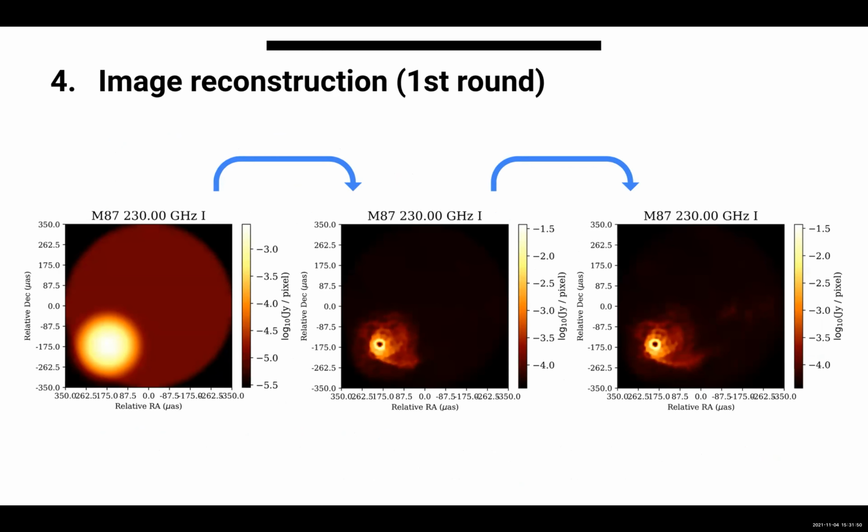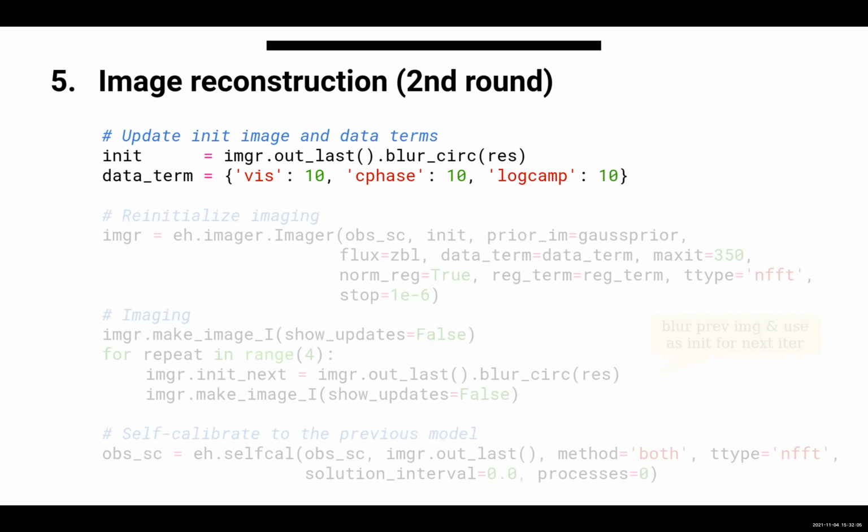After some more iterations, we start to lose some of these diffuse features, which is not real, and then we start to get some of the extended flux, but still we can do better. Next slide. Now that we have self-calibrated our data to this previous image, we have recovered phases, so we can incorporate full complex visibilities into our data products.